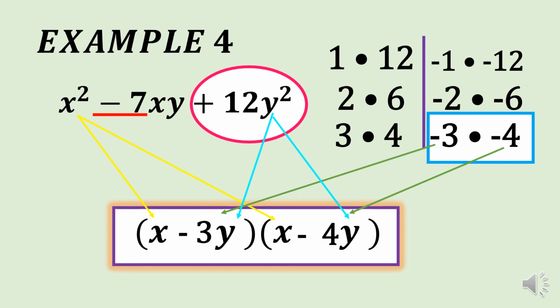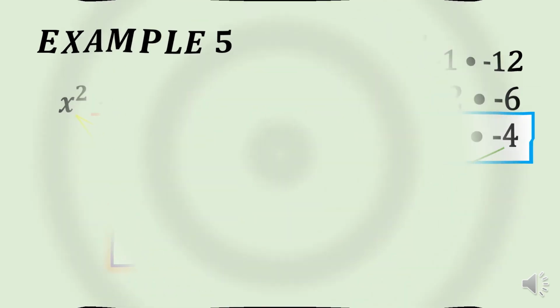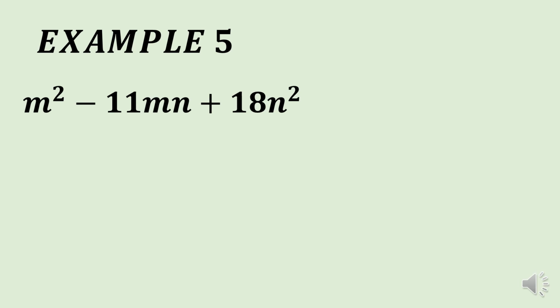Okay? Sige, so let's have more example number 5. So, ito naman, gumamit lang ako ng ibang letters, baka kasi malito kayo. So, we have m squared minus 11mn plus 18n squared. So, same process, find all the factors of positive 18. So, what are they?